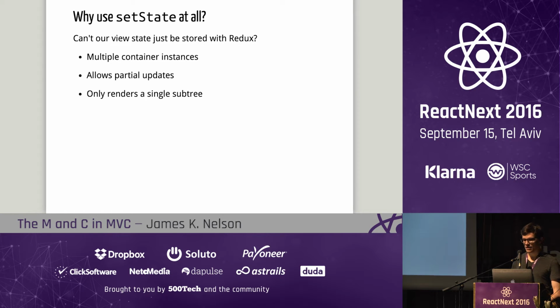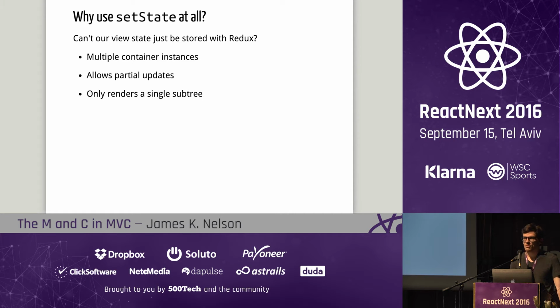And that can quickly get really, really slow. So I think instead of putting all of our state in Redux, which you can do, it's best to use SetState for this kind of thing. And that's why React was designed that way.